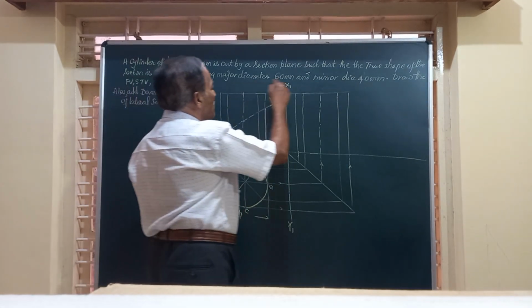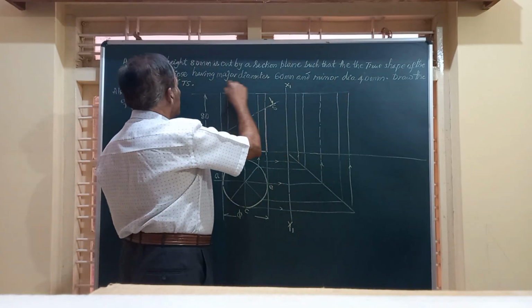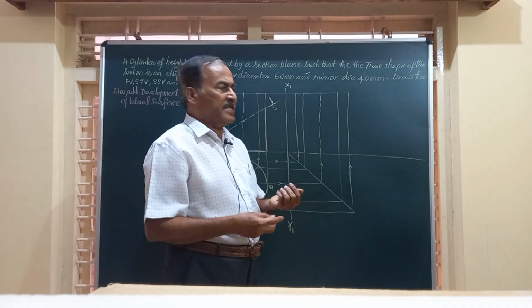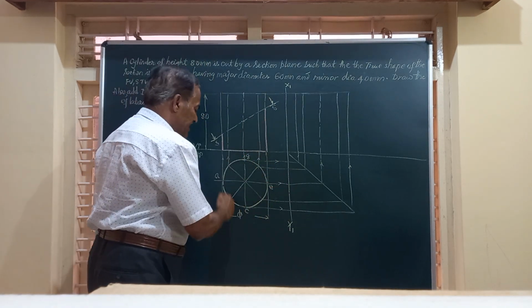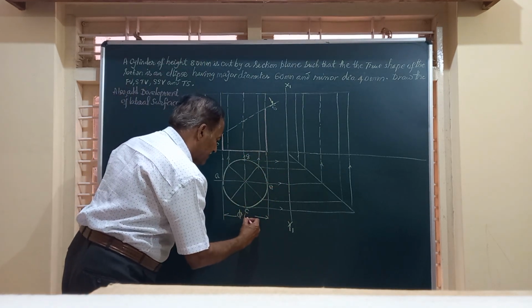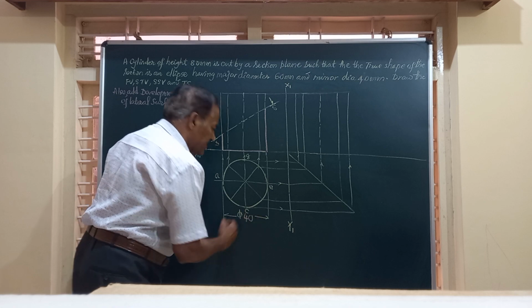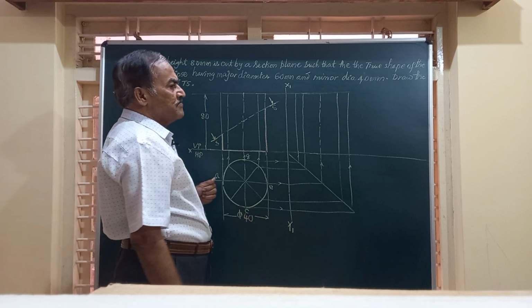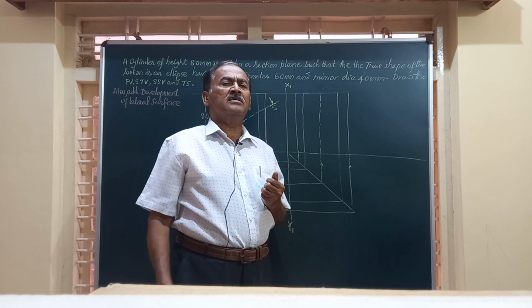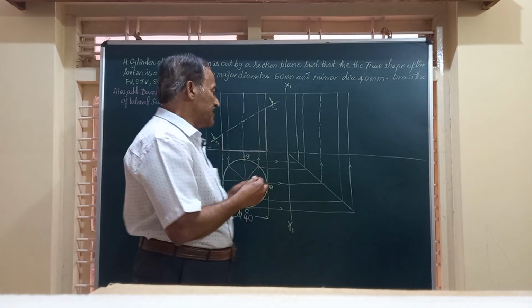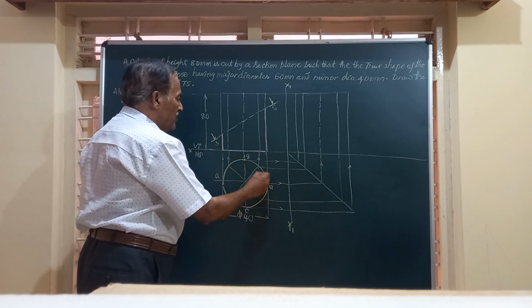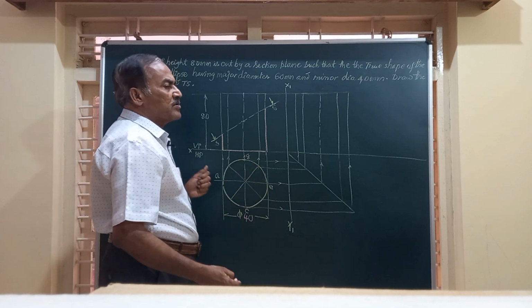So based on this concept that the true shape is going to be an ellipse, we have drawn this dimension taking this diameter equal to 40 mm. That is the diameter of the cylinder. Now friends, as you know, this cylinder doesn't have any of these edges. So we divide the periphery of the top view into a minimum of 8 equal parts.